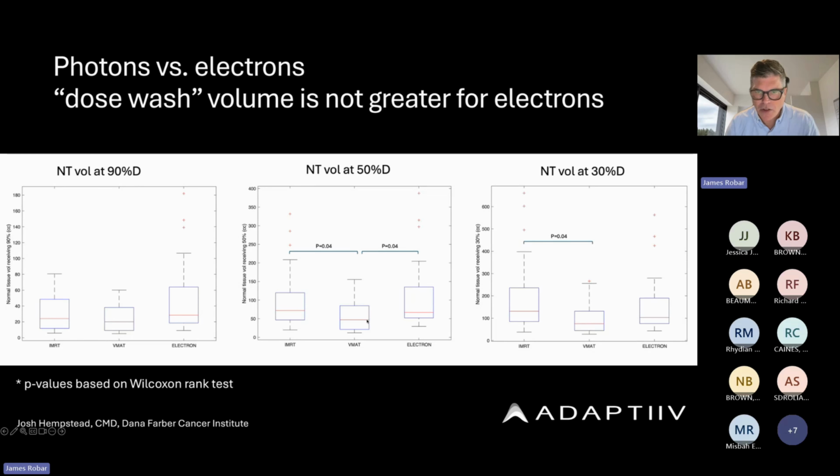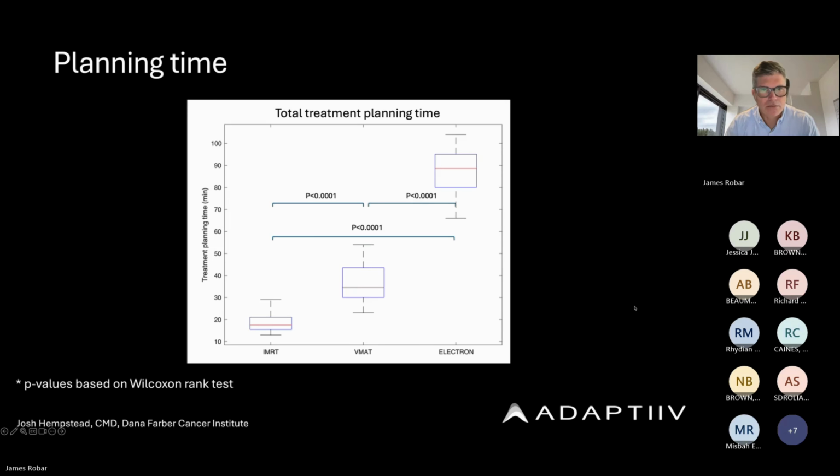Just slightly, though, although statistically significant. IMRT was worse than VMAT and not different than electron plans at the 50% dose level in terms of normal tissue volume. As we go lower, we see that both VMAT and IMRT not statistically different than electron plans.